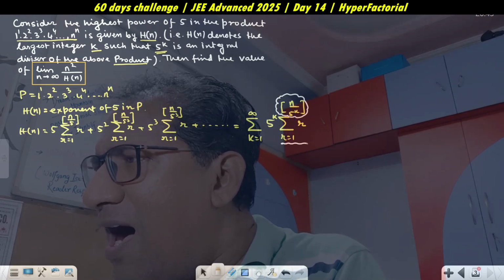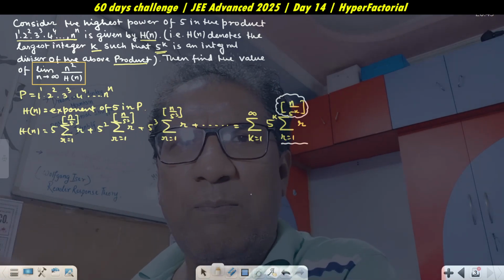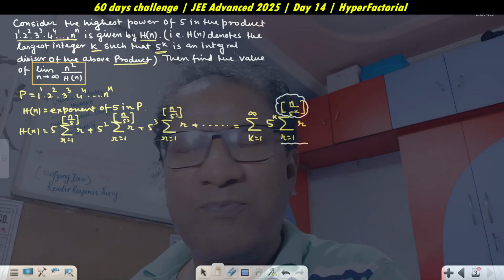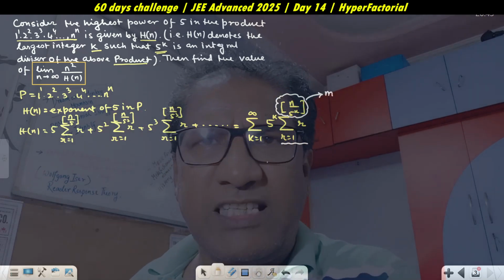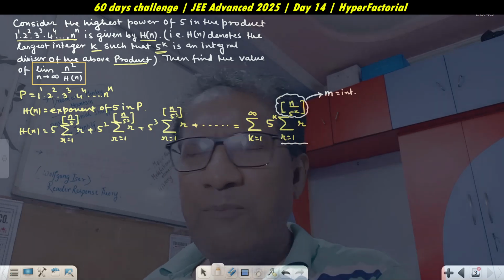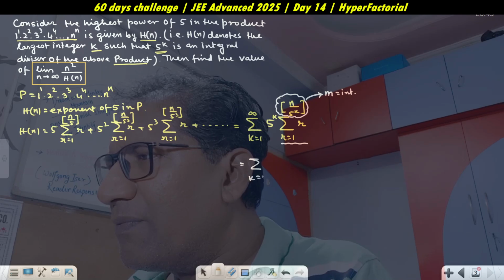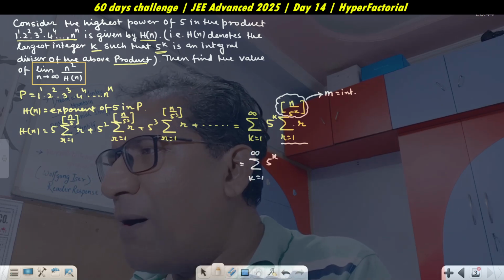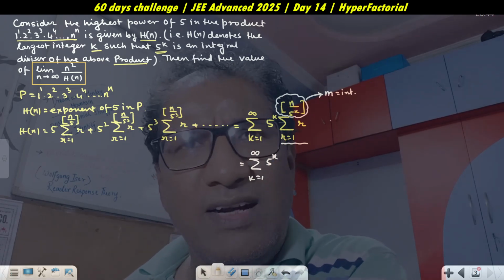So this sigma actually represents what? It is basically 1 plus 2 plus 3 till floor of n divided by 5 to the power k. For the time being, let me just denote this thing by m, for your simplicity, because m is an integer. So this sigma, k from 1 to infinity, 5 to the power k, is going to give you the sum of first m natural numbers.